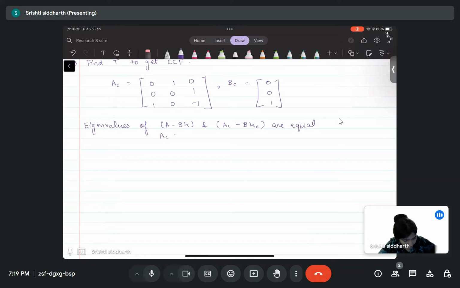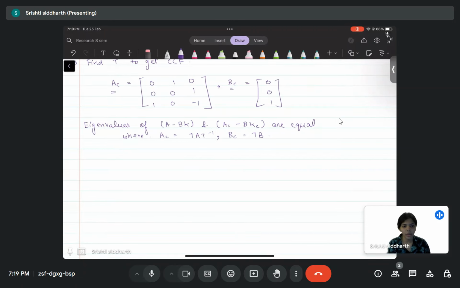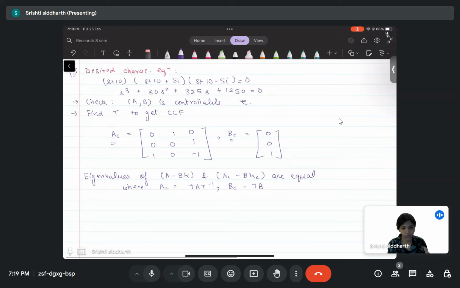So we know that AC is TAT inverse and BC is T times B. The special form of the matrices AC and BC would help us to find out the characteristic equation very easily.